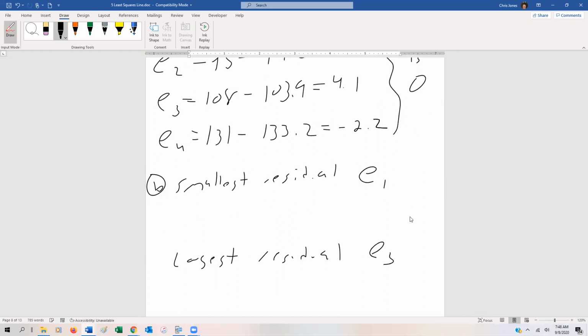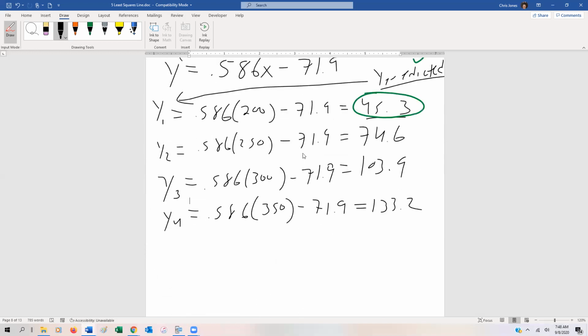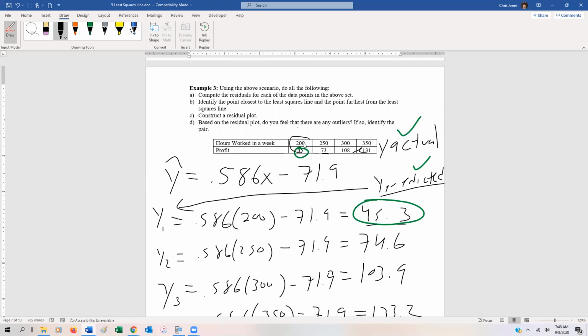But that's not the point. The point that's closest is point 1. And now you see why I numbered them, so that way we can just go back and look at the points. The largest point is going to be point 3. Right? So we're looking at the ordered pairs to find the points that are closest and furthest. So the point that's going to be closest is the first point on the line, which is going to be 200 comma 45.